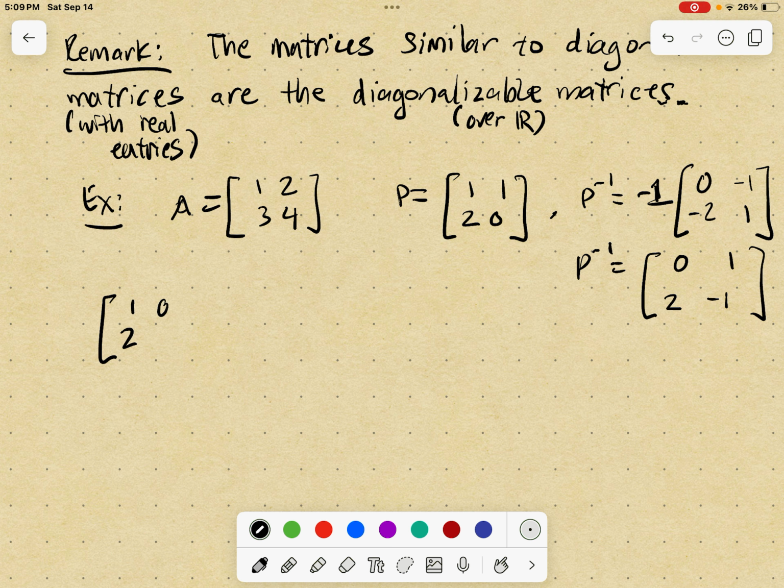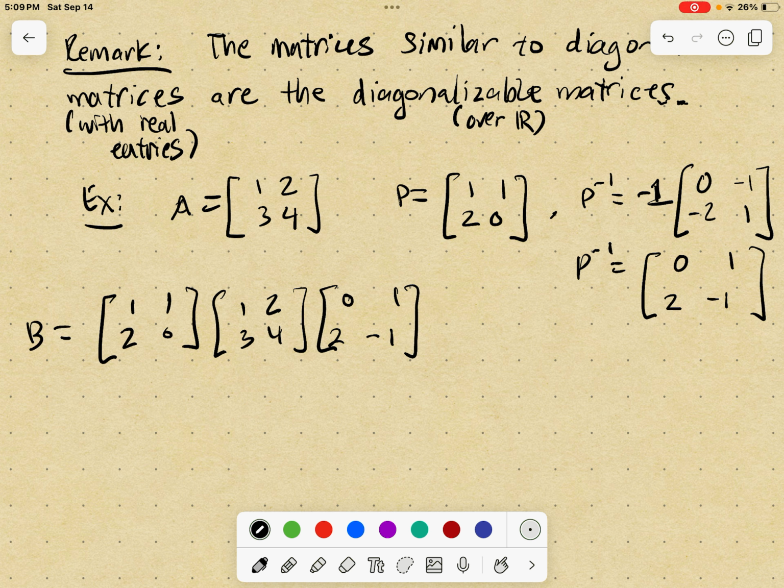The point is that you take P and then multiply it by A and then multiply it by P inverse, and then you get some matrix, and this matrix, let's call it B, is similar to A.